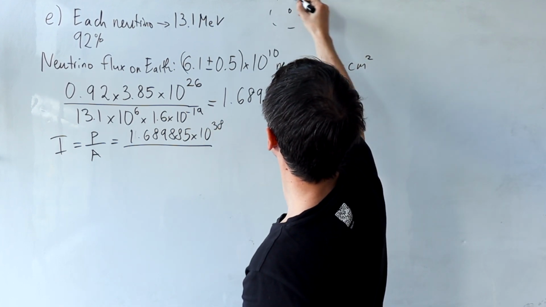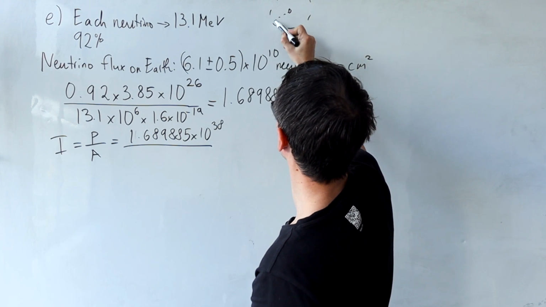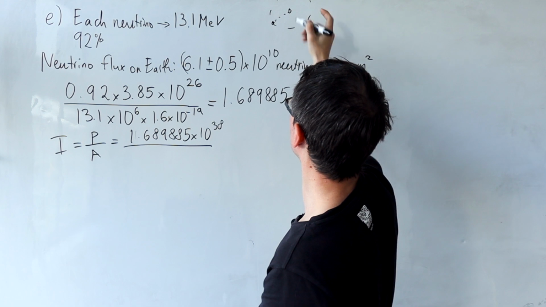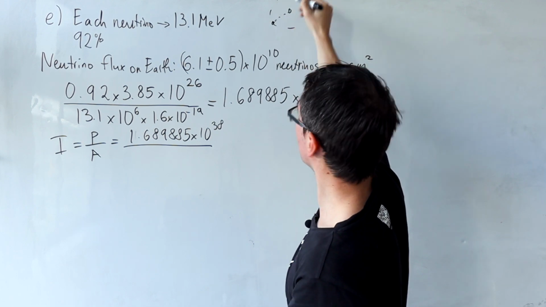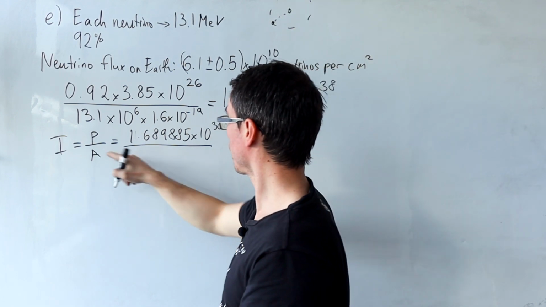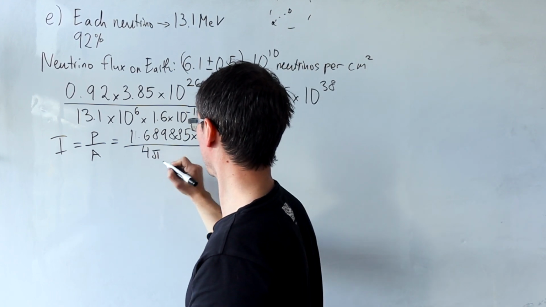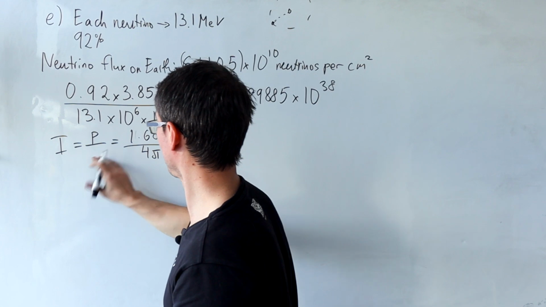It will essentially spread like a surface around it, and we can use intensity as power over area at any point on this surface. The surface area of a sphere is just 4 pi r squared.